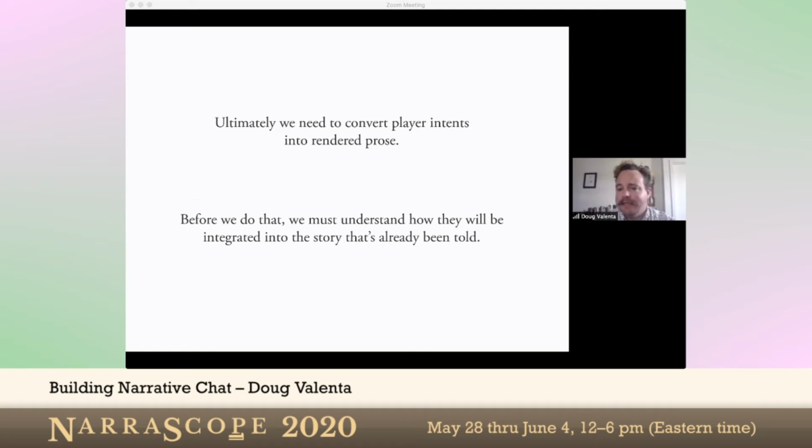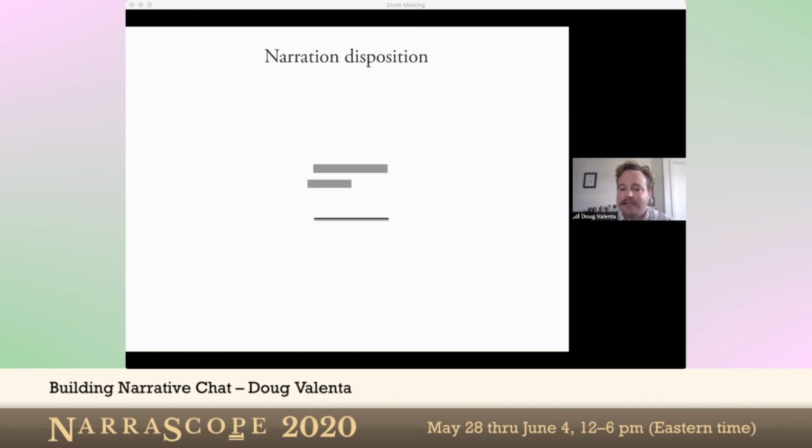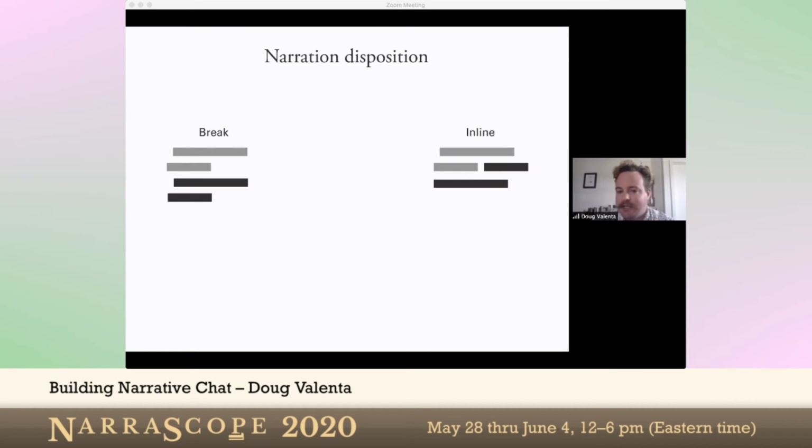We need to determine the disposition so that we really understand how to handle it in the rest of the narration process. So we have basically three different dispositions that a piece of narration can have. One is the break. The break is where this piece of narration is going to begin a new paragraph. Another one is the inline disposition, that being it's going to be a new sentence added to an existing paragraph.